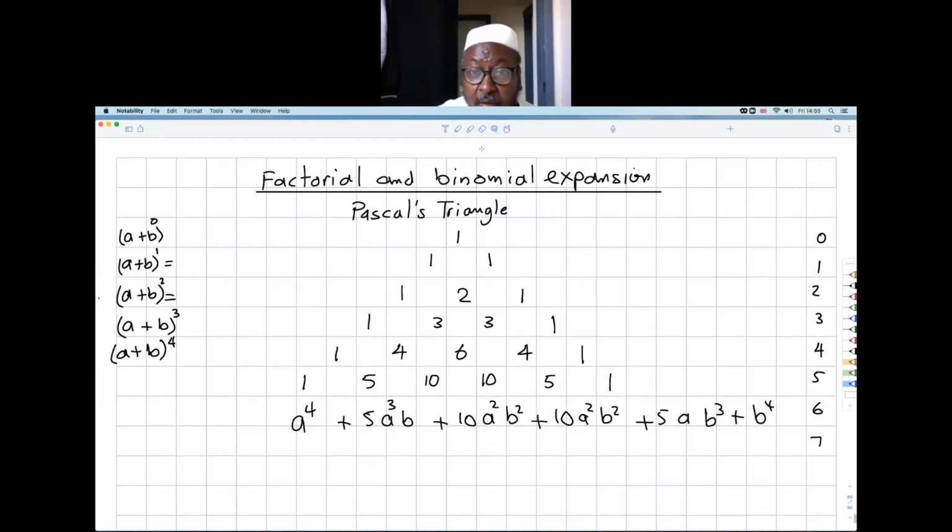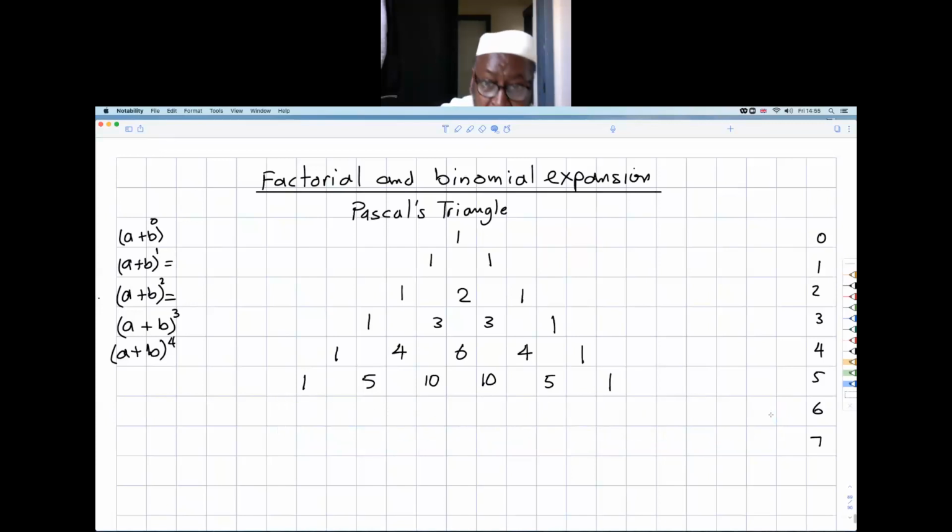That's how we calculate it. Now, if you want to understand, stop the video and do it again.